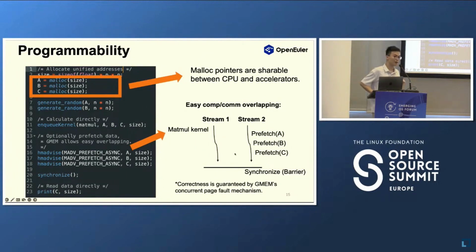You just throw them into two threads and issue a synchronization barrier, and then the underlying GMEM system is going to guarantee the correctness. This is because GMEM features a concurrent page fault mechanism, so that when the computation is executed and the data is not prefetched yet, GMEM will fault the data. And if the prefetch has finished, then there's no page fault.